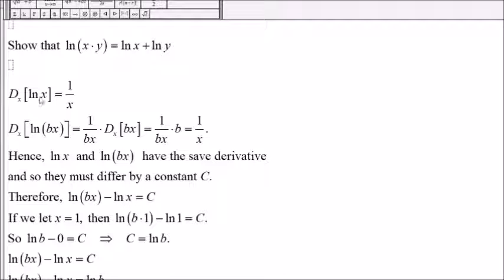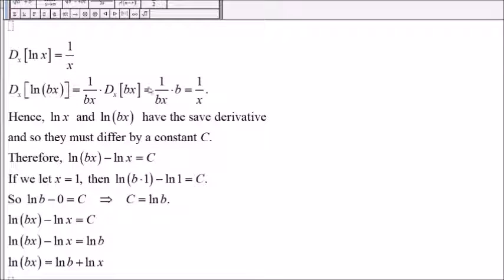We have just shown that the derivative of ln of x, the natural log of x, is 1 over x, and we have also shown that the derivative of ln of bx is 1 over x. And now what we'd like to show is that the natural log of a product, x times y, is the same as the natural log of x plus the natural log of y.